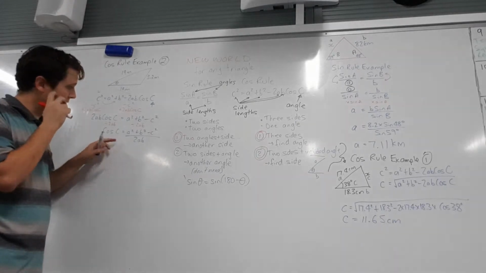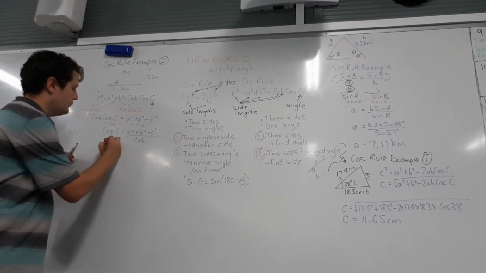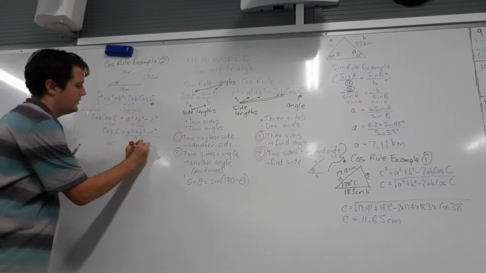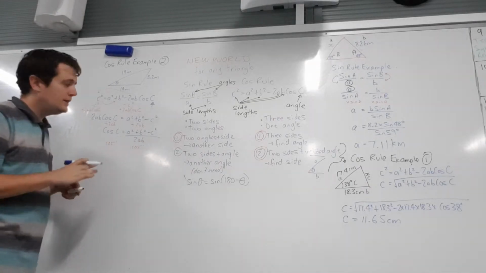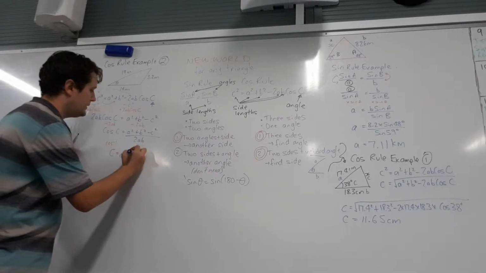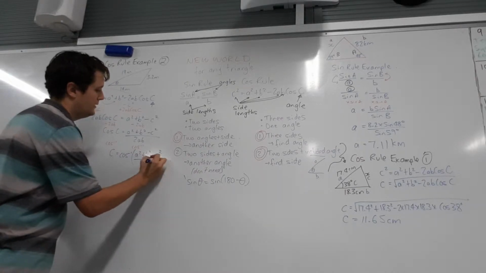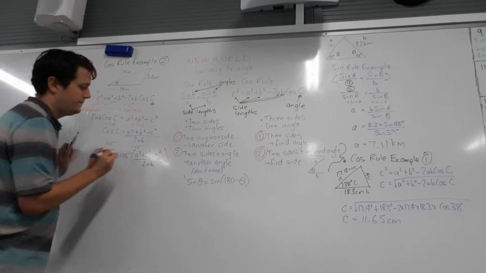From there, I want C by itself. The opposite operation to cos is, of course, inverse cos, cos to the minus 1. That allows us to get a pure expression of C is equal to cos to the minus 1 of A squared plus B squared take C squared all over 2AB.